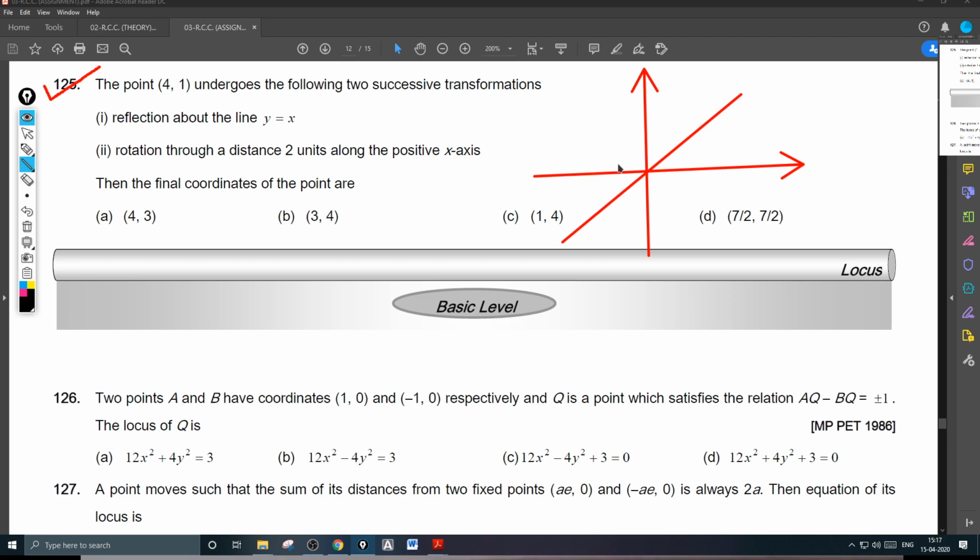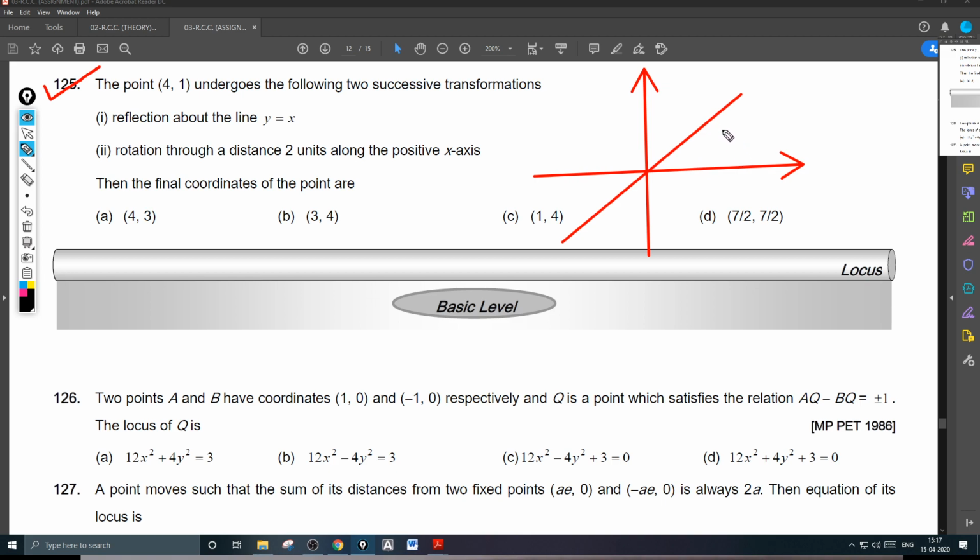Now, what is the point given? (4, 1). This is 4 units on the x-axis and 1 unit on the y-axis. Let me write that.